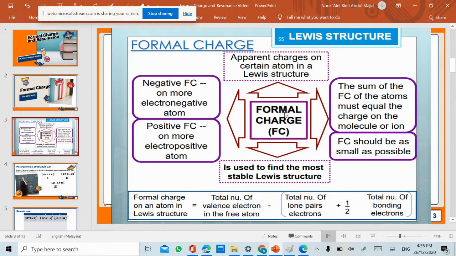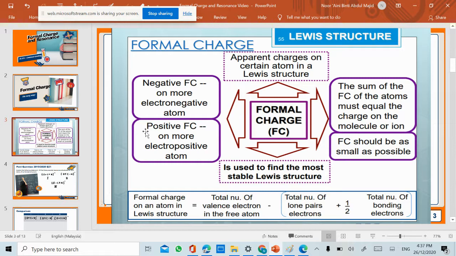It is used for us to determine the total charge of a substance and also to find the most plausible Lewis structure. Most plausible here means the most accurate, the best in terms of charge, which is more logical according to chemistry concepts.